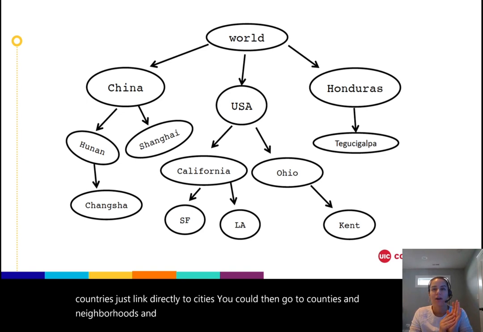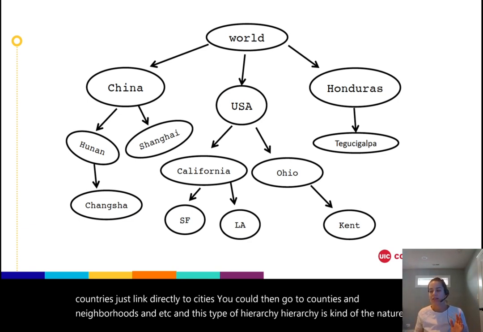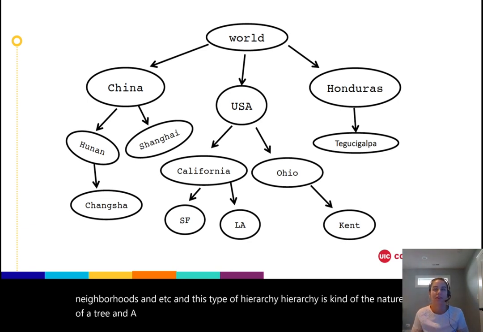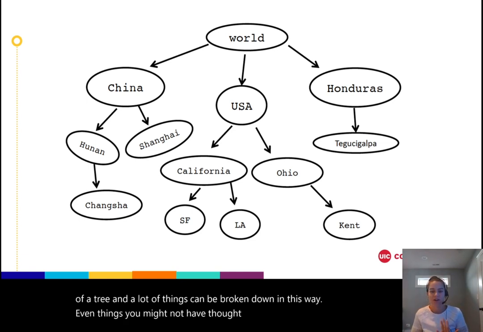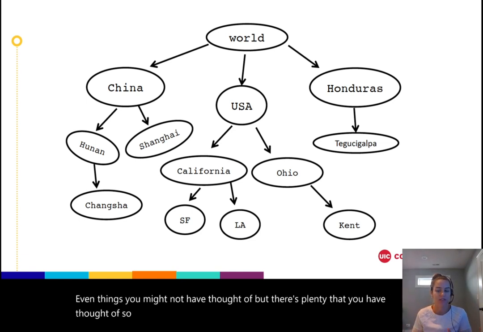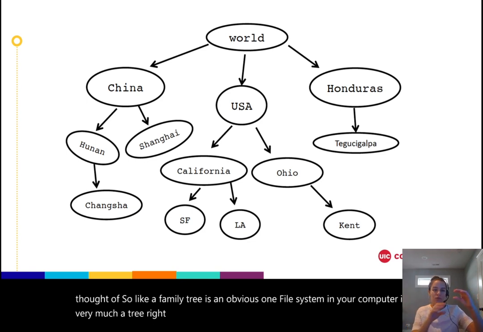And this type of hierarchy is kind of the nature of a tree, and a lot of things can be broken down in this way, even things you might not have thought of. But there's plenty that you have thought of. So like a family tree is an obvious one. A file system in your computer is very much a tree, right? Because it has like a root folder and then those folders and then other folders.